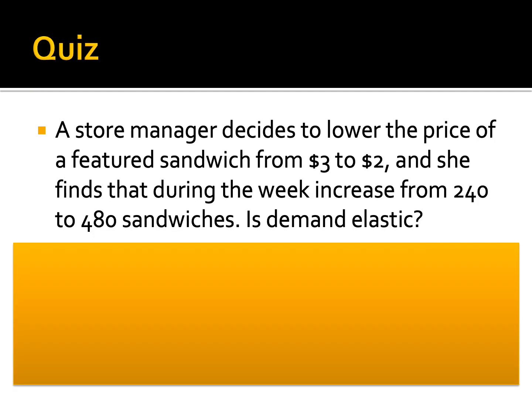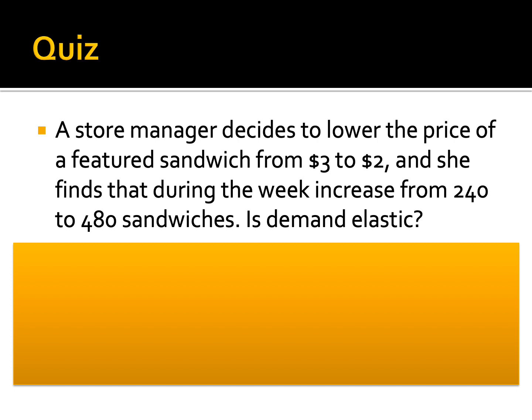Easy question here. A store manager decides to lower the price of a featured sandwich from $3 to $2, and she finds that sales during the week increased from 240 to 480 sandwiches. That's the change in quantity demanded. Is demand elastic? First we have to find the percentage change in quantity demanded. Our new value is 480, the old value is 240, so (480 minus 240) divided by 240 gives us a change of 1.